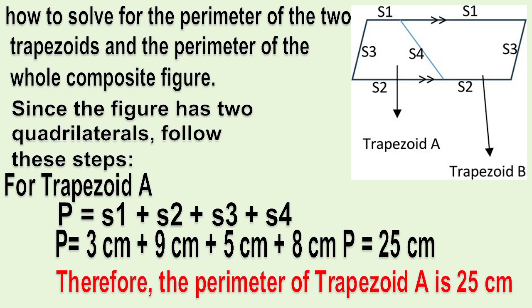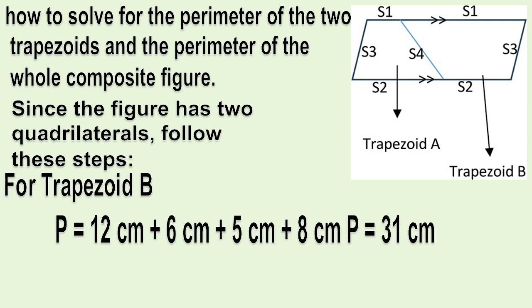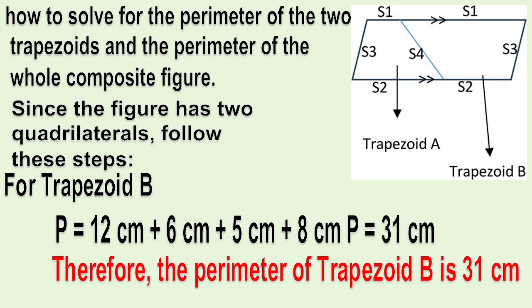Therefore, the perimeter of trapezoid A is 25 centimeters. For trapezoid B, perimeter equals 12 centimeters plus 6 centimeters plus 5 centimeters plus 8 centimeters. So 12 plus 6 plus 5 plus 8 equals 31. Therefore, the perimeter of trapezoid B is 31 centimeters.